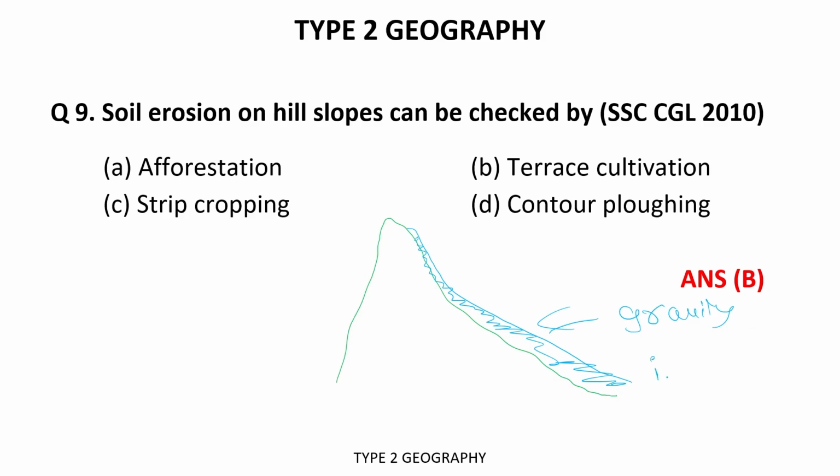The water flows at a tremendous rate, so there are many chances that the soil top layer will be eroded. So what we do is terrace cultivation.